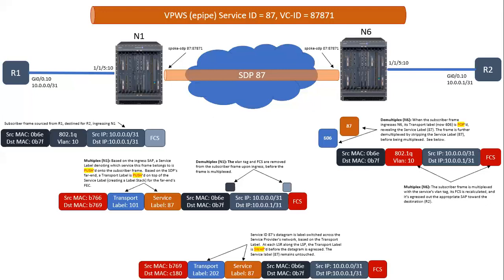And at this point, the packet is no longer being routed. It's being switched based on the source and destination MAC. And of course, label switched based on our transport label.